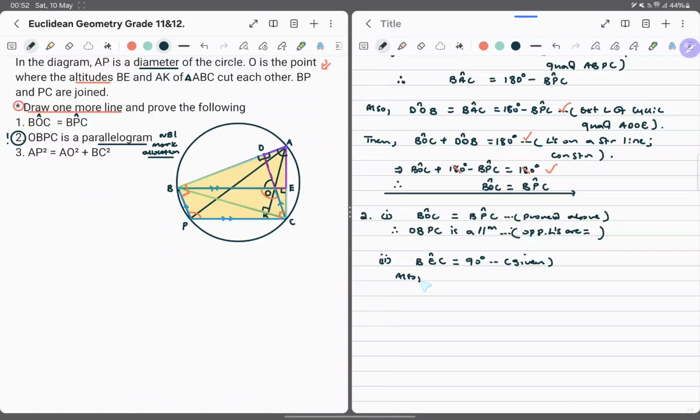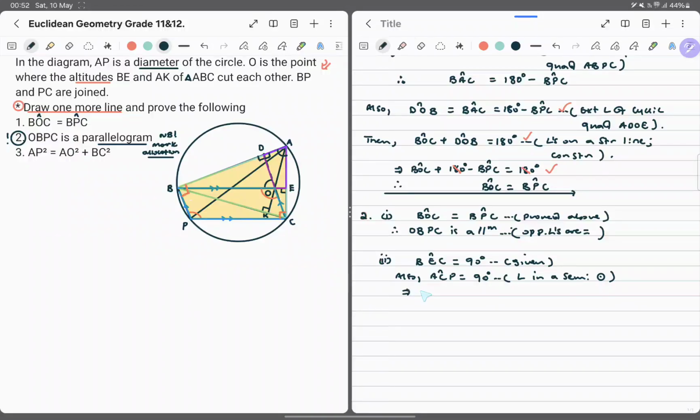We know also that ACP is equal to 90 degrees. This is the angle in a semicircle, because we were told AP is the diameter, so that should be the one.